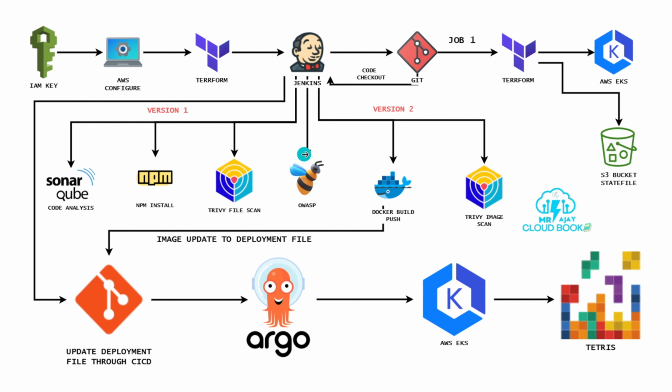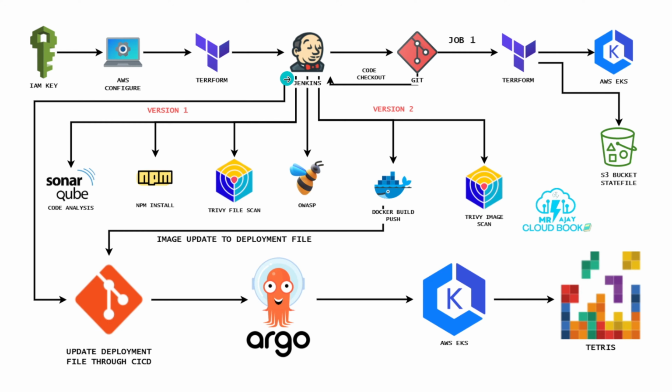After the complete dependency check completes, we are going to build the image using Docker, and push that Docker image to our Docker Hub. Once that is done, we are going to scan the image that we created from the Docker Hub using Trivy. Then we will update that particular image that we created in our deployment file.